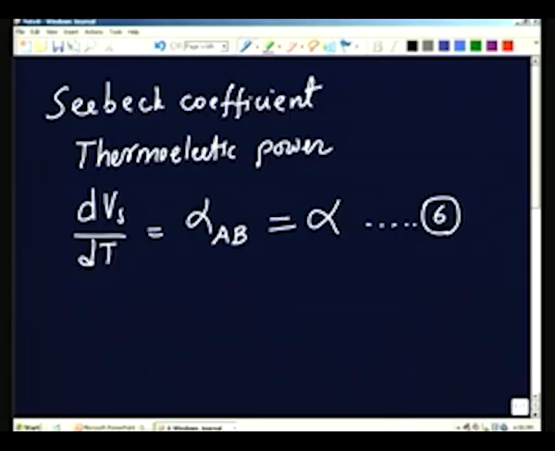So, actually what I can do is now defining dVs by dt as alpha.